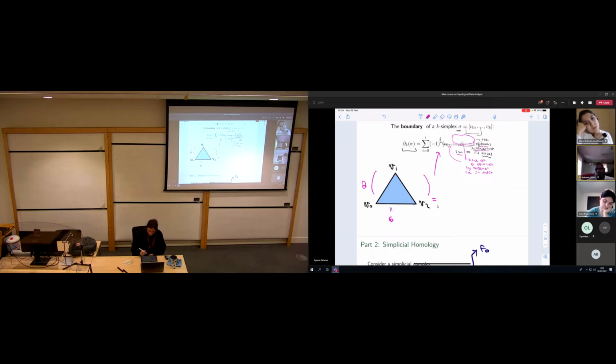The first one that I want to take is defined by the index 0, so this is going to be minus 1 to the 0 of the simplex obtained by missing the point p naught, so this is the edge v1, v2, and this is just a plus, so I'm going to remove it.